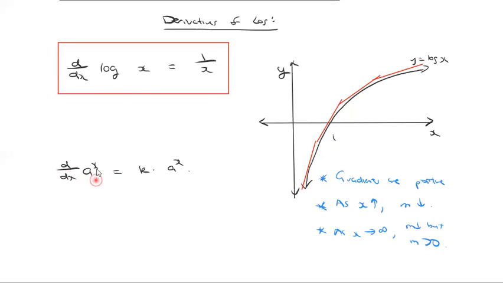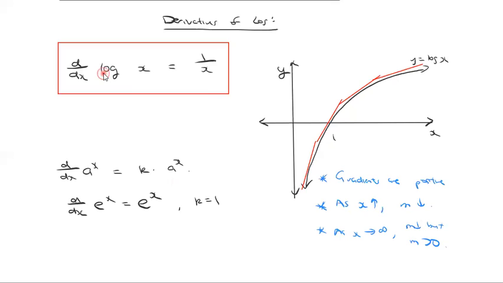The derivative of e to the power of x, for a particular value of e, is e to the power of x, so k equals 1. That's what we said when we did exponentials.